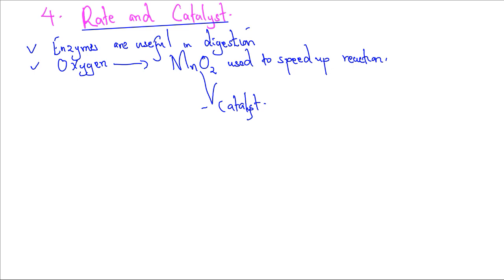It doesn't mean that the manganese 4 oxide will react with hydrogen peroxide. No, it helps in the decomposition of hydrogen peroxide to give us oxygen gas and water. That is during laboratory preparation of oxygen gas.